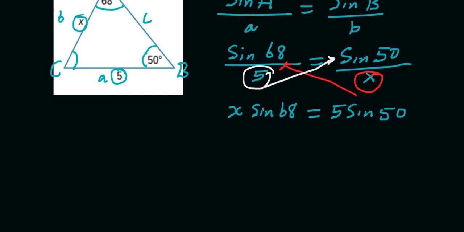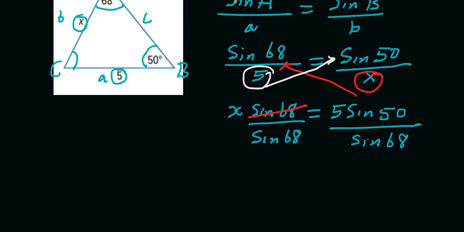Remember, x is the unknown. So now we can divide both sides by sine 68 in order to isolate x. Sine 68 cancels out sine 68 from here. And now you can use your calculator to find the value of 5 sine 50 over sine 68.